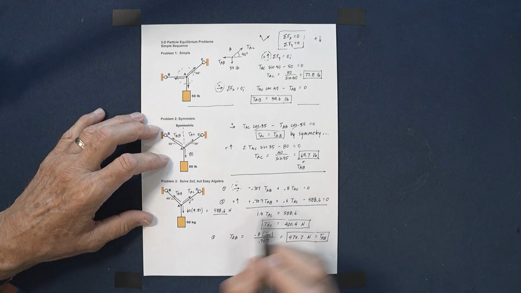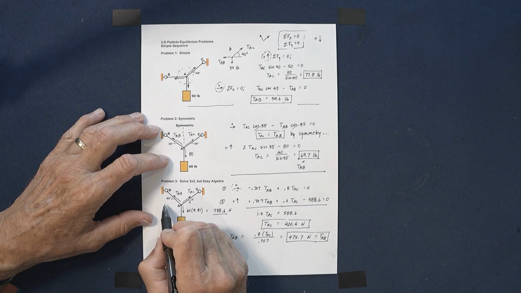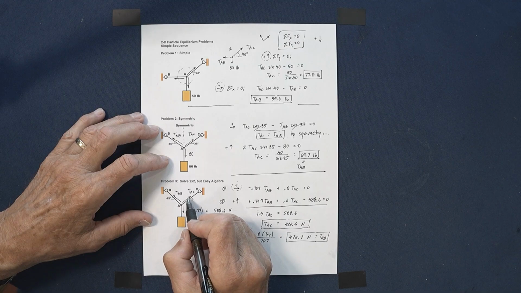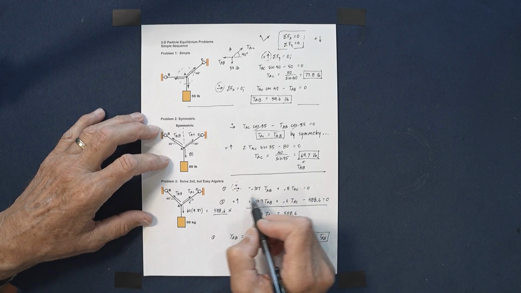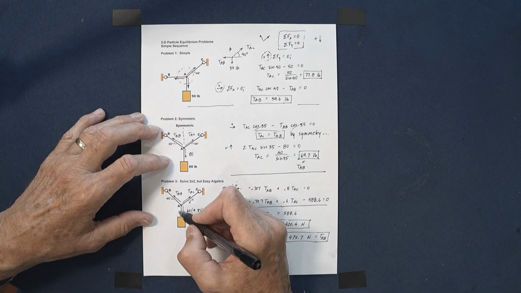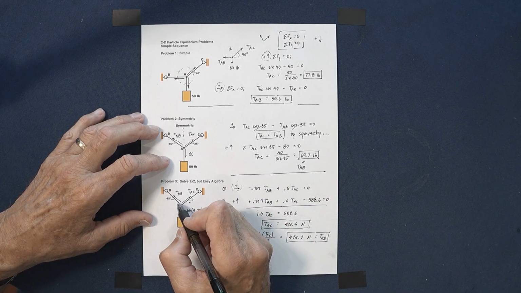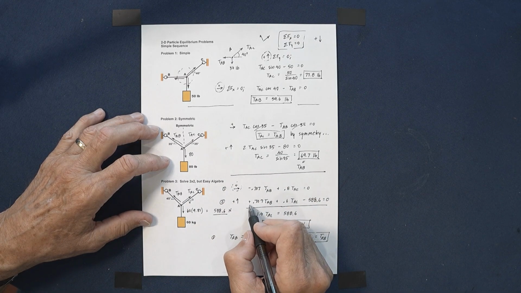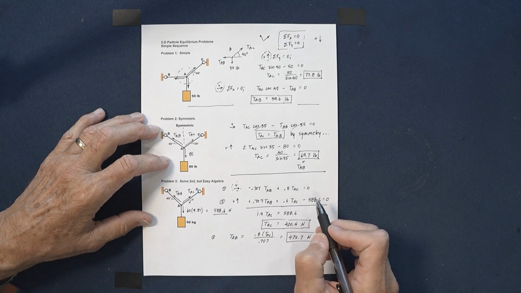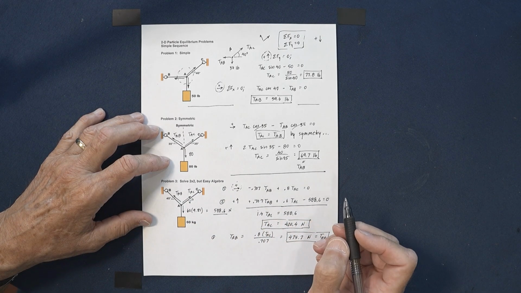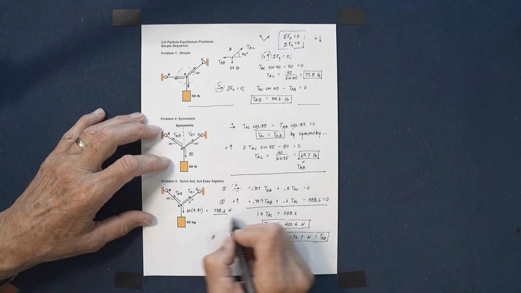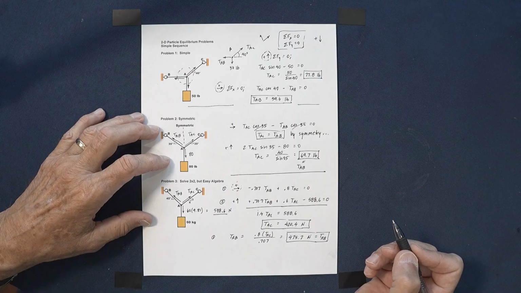But in the x direction, I've got a negative 0.707 TAB plus a 4/5 or 0.8 TAC is equal to 0. In the y direction, I've got TAB sine 45, which is 0.707 TAB, plus 3/5 of TAC, which is 0.6, minus my weight as a force, which is 588.6, is equal to 0.